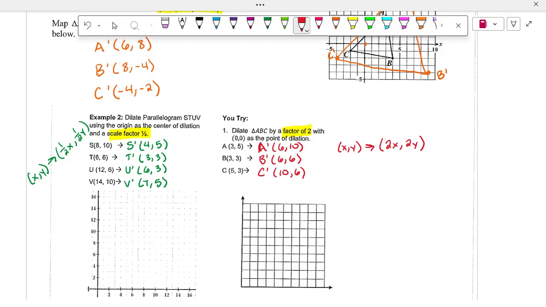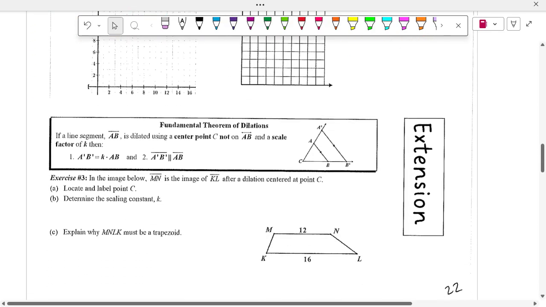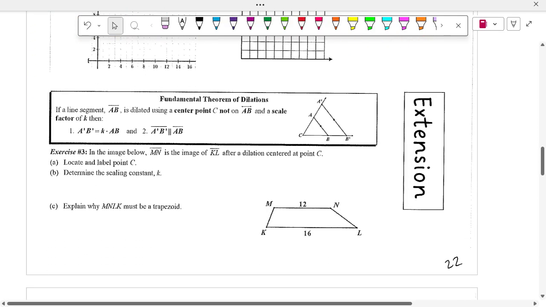Now, that is if you are dilating around the origin. But this is honors. So let's look at when we're not dilating around the origin or when we don't know the scale factor. This is the fundamental theorem of dilations.